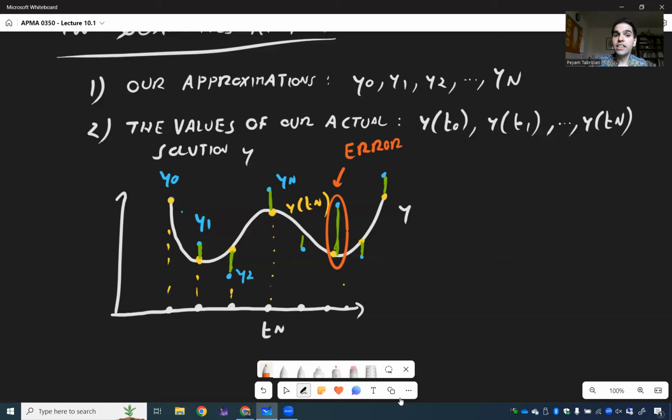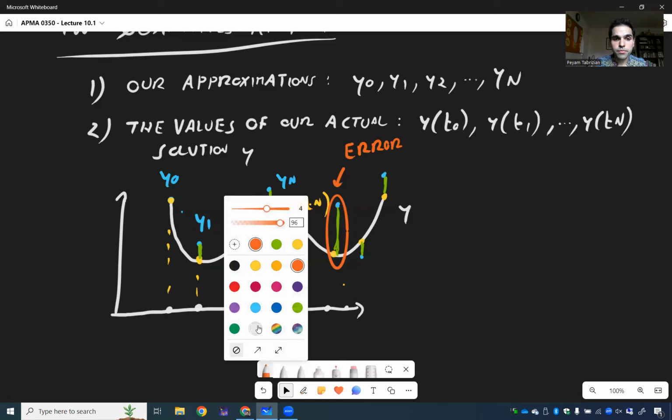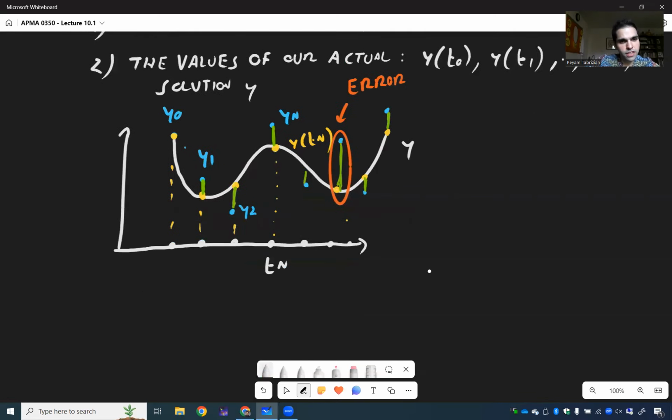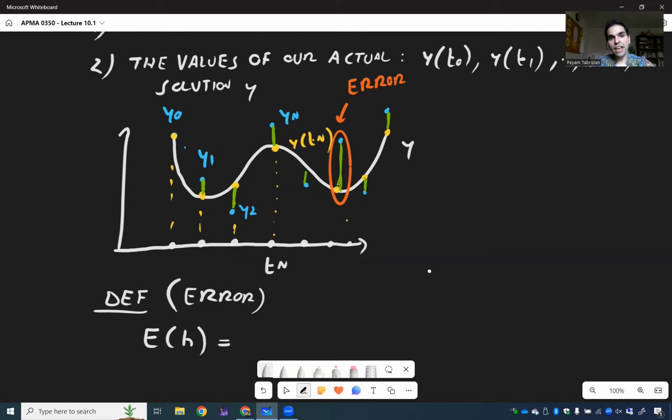So let me define it and then interpret it. The definition of error: it depends on your step size, on how small your step is. So we call it E of h. And again, it's the length of the biggest stick, the maximum of all those distances.